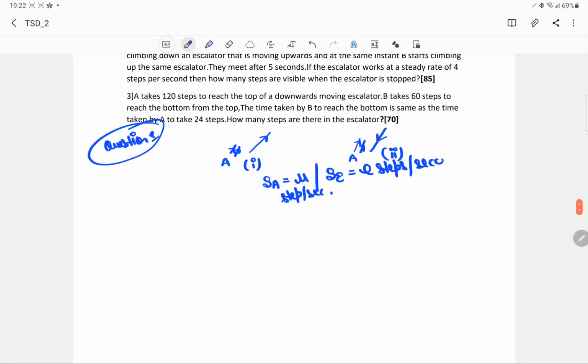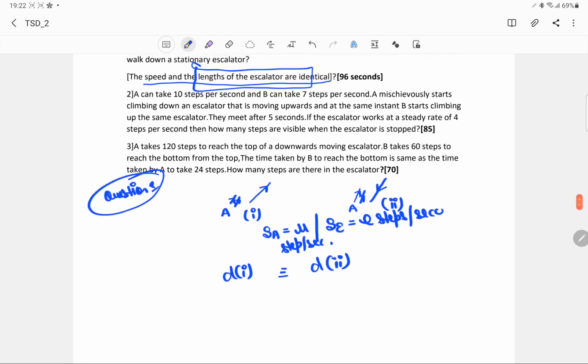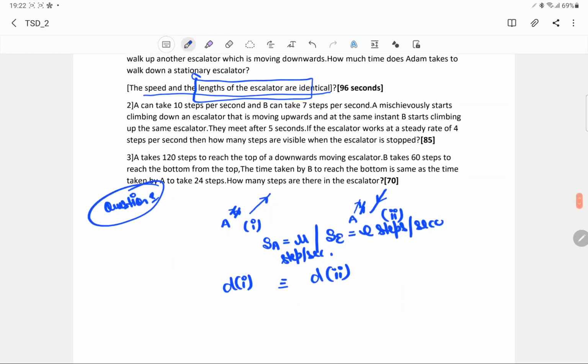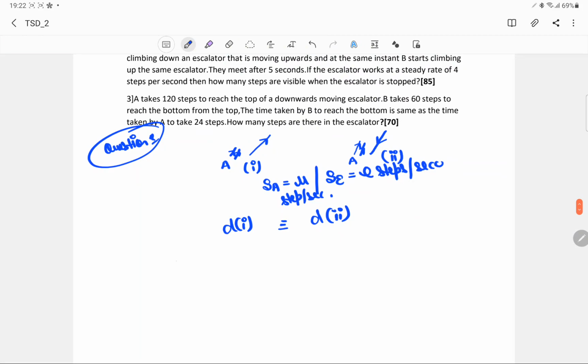So the distance in the first scenario, that is the length of the escalator, is obviously the same. So the distance in scenario 1 would equal the distance in scenario 2. Adam takes 80 seconds to walk up an escalator. In 80 seconds, Adam would be moving 80 into u steps.